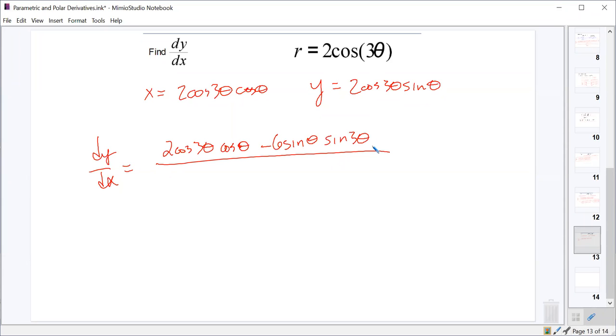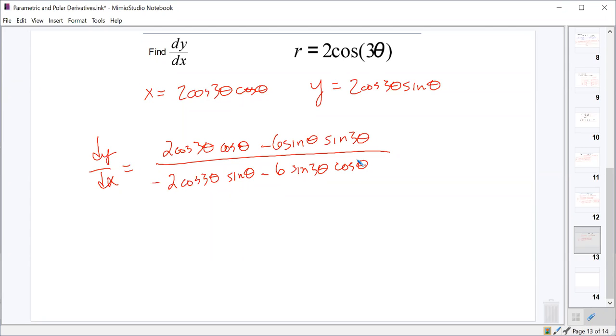All over what? dx d theta, which should have been a negative 2 cosine 3 theta sine theta. And then plus the cosine theta times the derivative of this, which is going to give us another minus. So minus 6 sine 3 theta cosine theta.